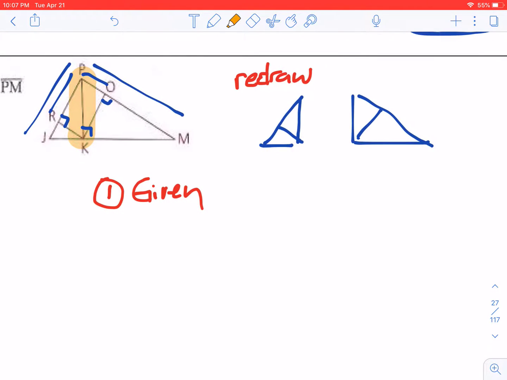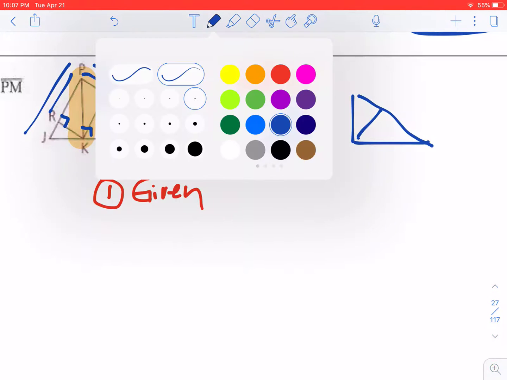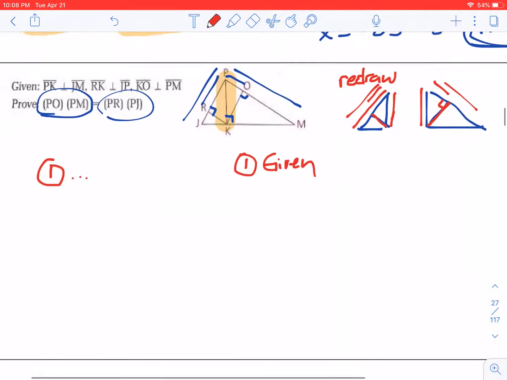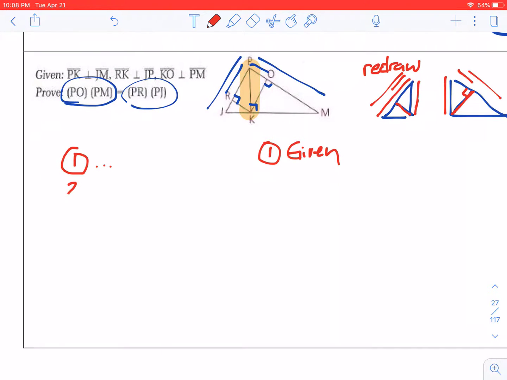And sure enough, hopefully you can see, let me change color here. Now the hypotenuse is here, this is the altitude, and so this is the long leg, and that is a geometric mean between this piece and this piece, which is perfectly what I'm looking for. And this is the geometric mean, because this is an altitude, between this piece and this piece. So I think we've got this set up. We just got to go through and flesh out the details.